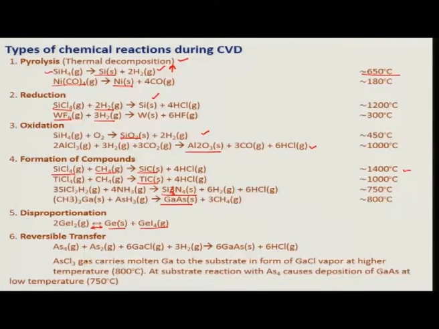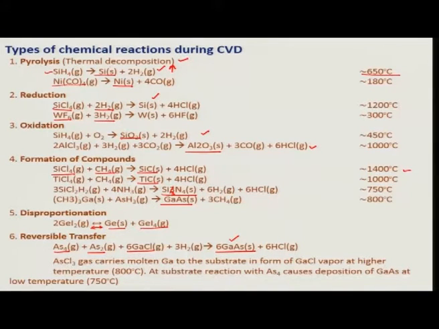And there is also another type of reaction which may happen, which is called reversible transfer. In this case, you flow arsine through a bubbler of gallium, or HCl through a bubbler of gallium, and you carry this gas, where it reacts with the arsenide to form gallium arsenide.